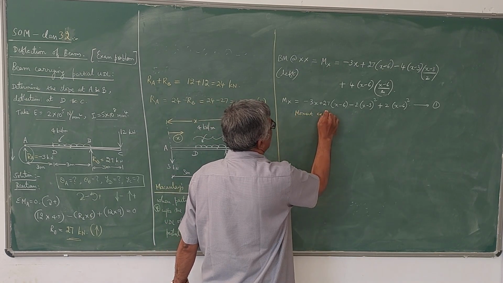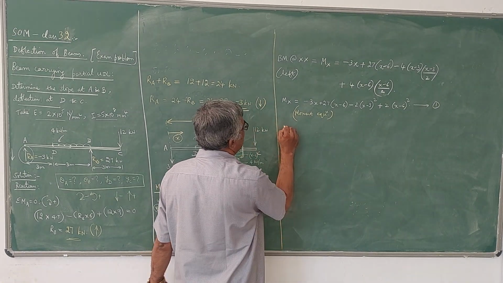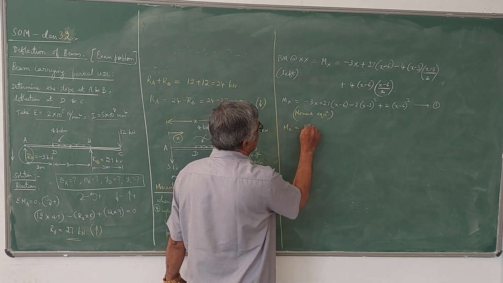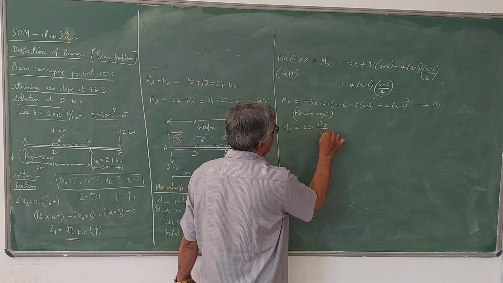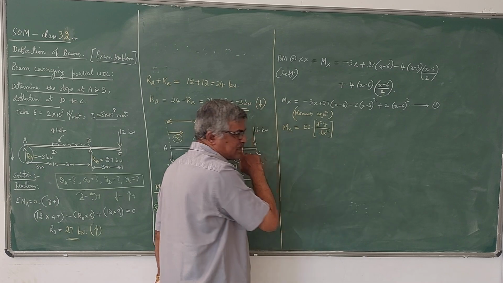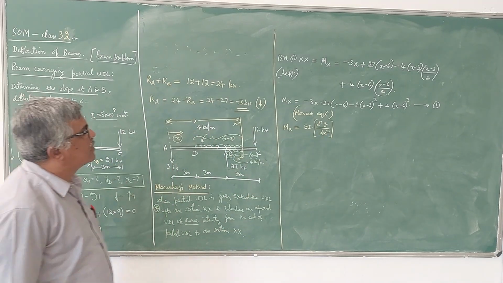As per the Euler-Bernoulli deflection equation, this Mx can be equated to EI into d square y by dx square, where y is the deflection and x is the distance measured along the axis of the beam.